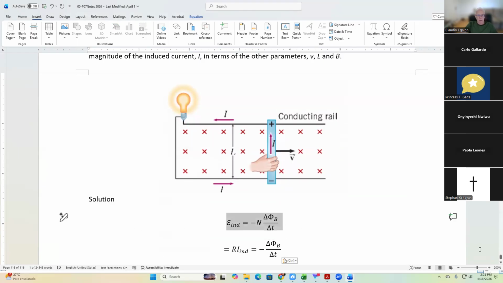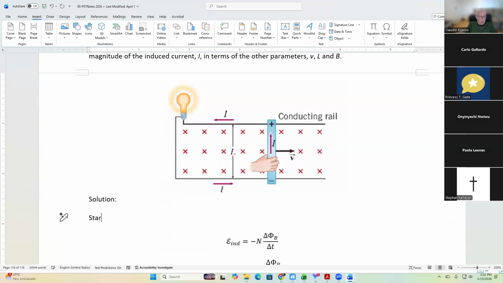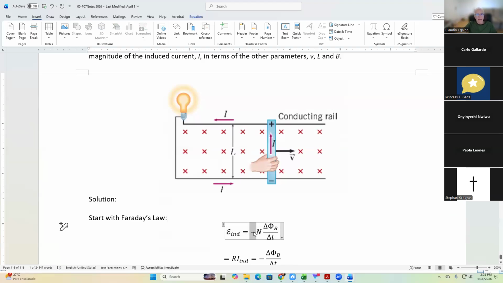That's Faraday's law. The negative sign that you see here is exactly the Lenz's law that I discussed before, okay?